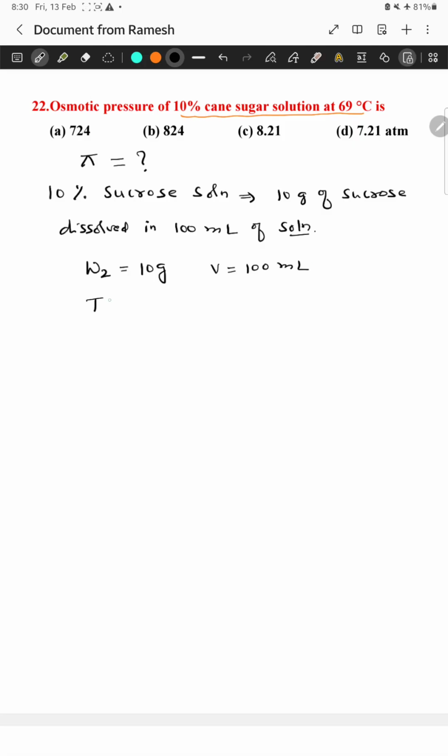The temperature is given in degrees Celsius, that is 69 degrees Celsius. Convert into Kelvin by adding 273, or you can add 273.15, no problem. So it will be 342 Kelvin.